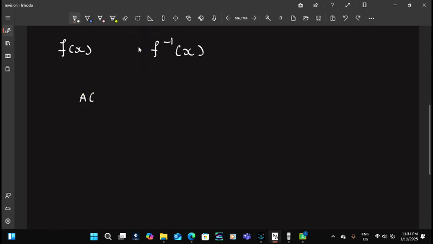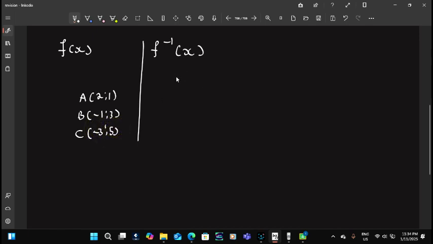If I have point a, let's say it's 2 mapped to 1, and then point b is -1 mapped to 3, and then this one c, let's say it's -3 mapped to 5.